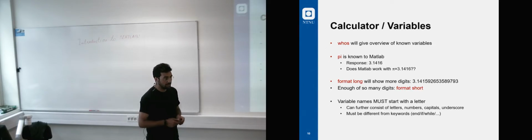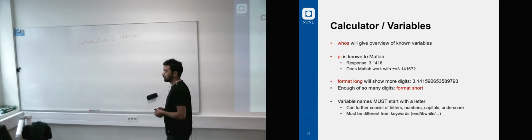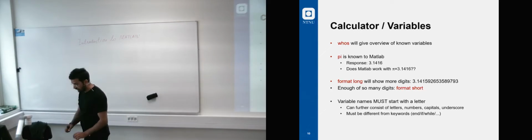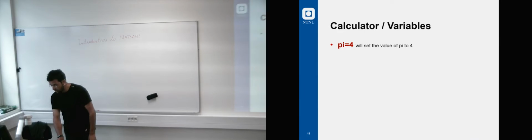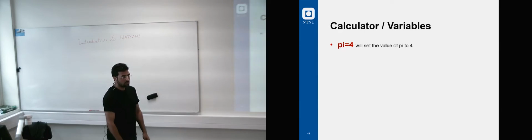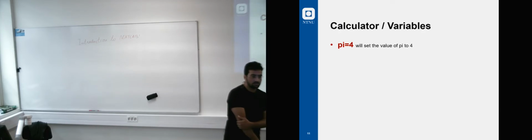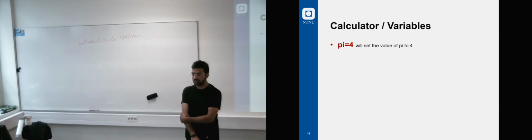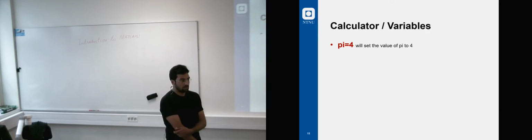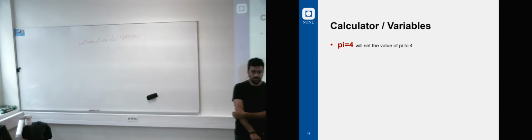If you say pi, then assign it a new value, for example pi equal to 6. If you now write pi and hit enter again, its value has been changed. Can you see the changed value of pi now? Okay.